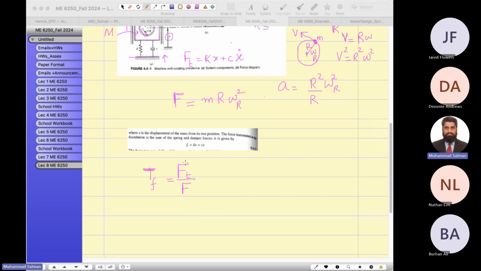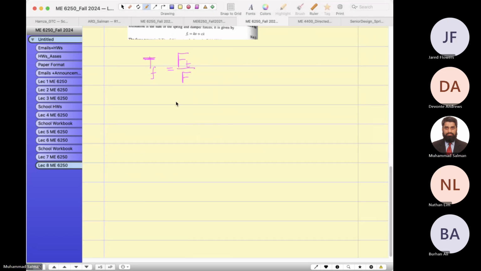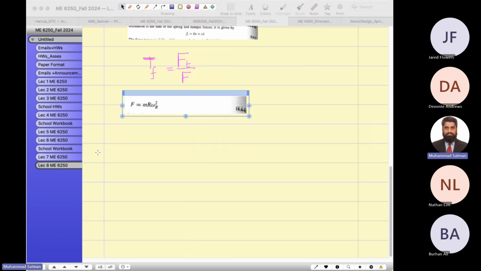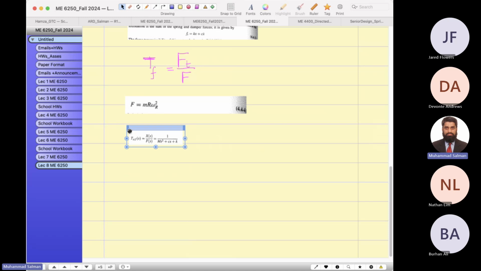Let me show you this equation here. This is the unbalanced force. The derivation goes a little into the math, but I will show you the final result because the derivation requires a lot of time.